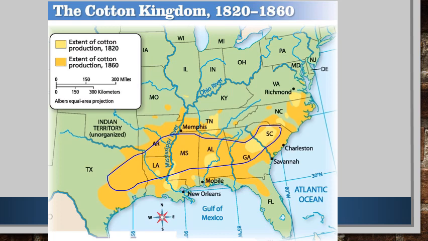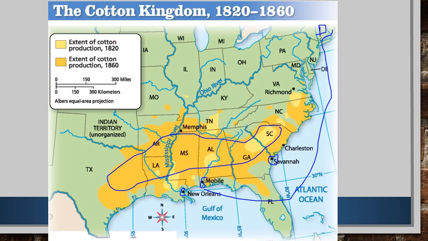Once grown and packaged, a lot of it would be shipped out of Mobile, New Orleans, Savannah, and then taken either to England or to New England, up here to factories, textile factories that are starting to be built in Rhode Island and Massachusetts.